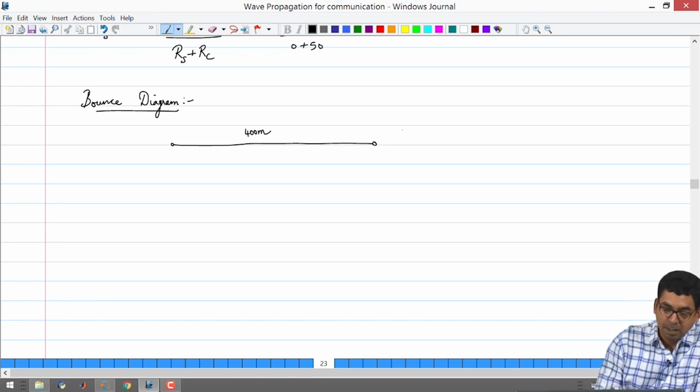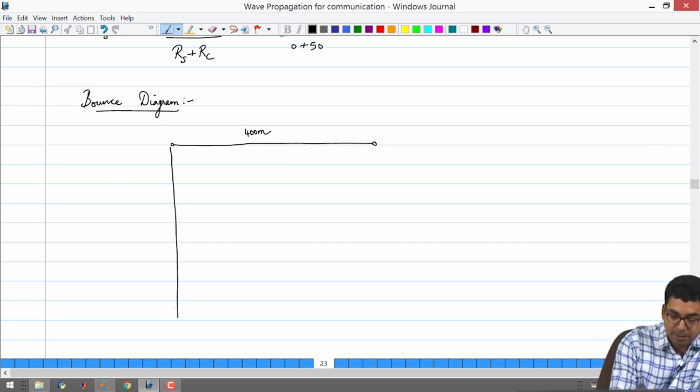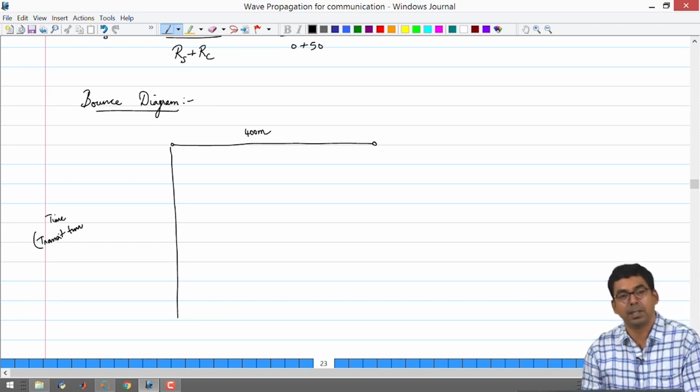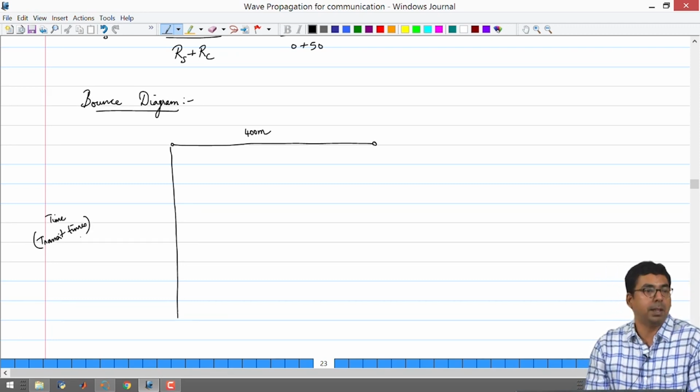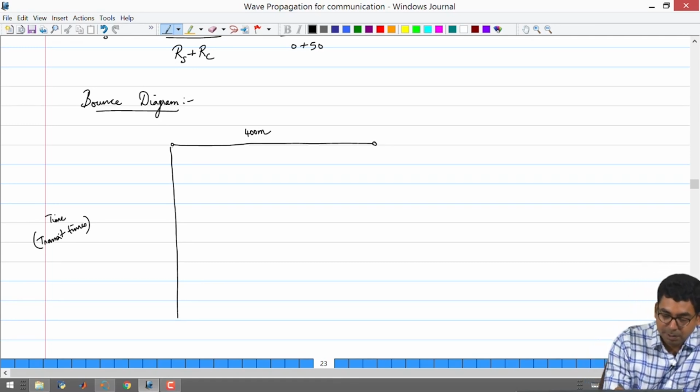The y axis is marked downwards, and it represents time, in units of transit times. So, instead of seconds, you will have 1 transit time, 2 transit time, 3 transit time, etc. The way it is constructed is, first you will have a transit time, marked as tau, 2 tau, 3 tau, say 4 tau.